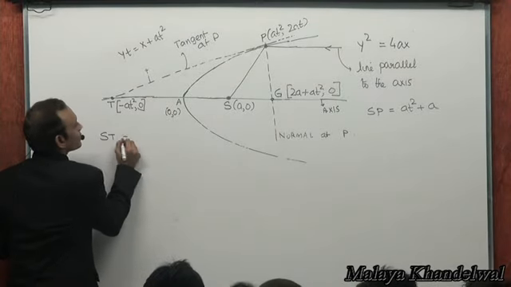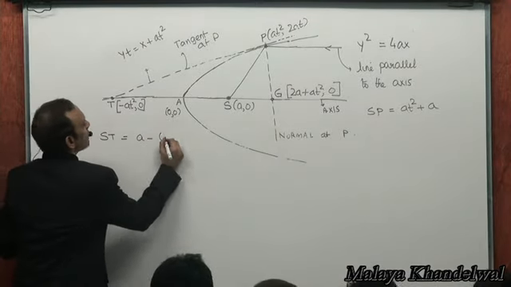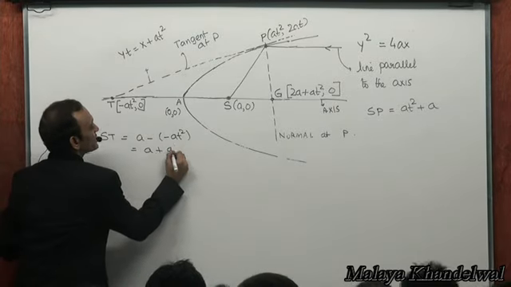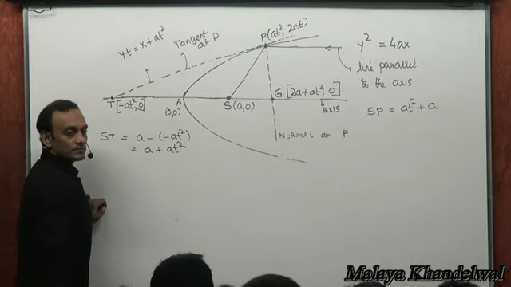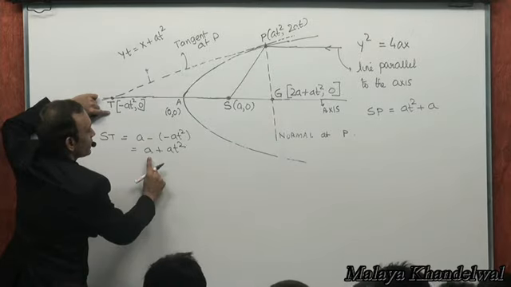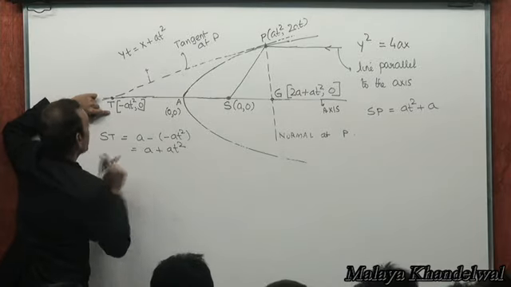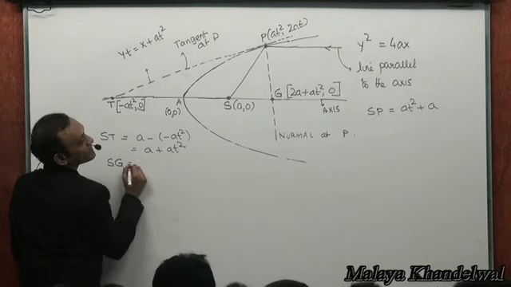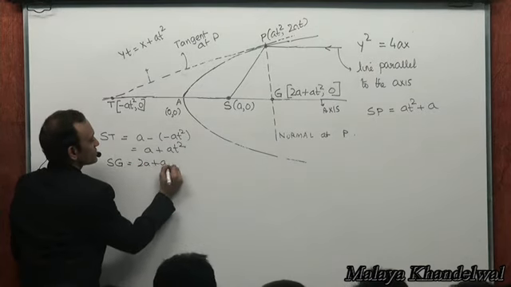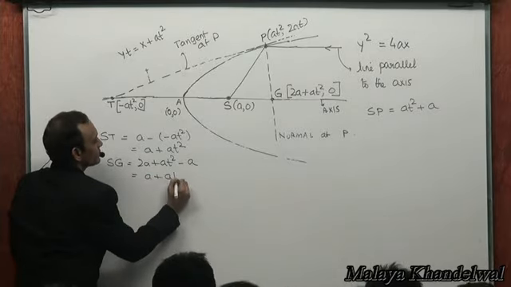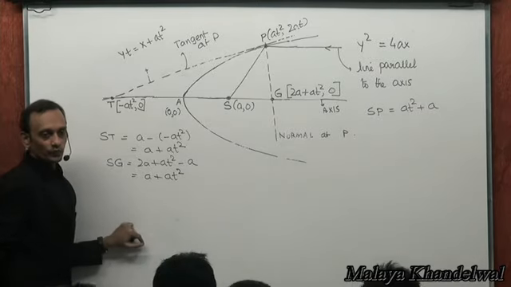What is ST? a minus (minus at squared), which is a plus at squared. That's ST. Yes or no? The distance between S and T is a plus at squared, right? What is SG? Same, 2a plus at squared minus a, which is a plus at squared. Yes or no?